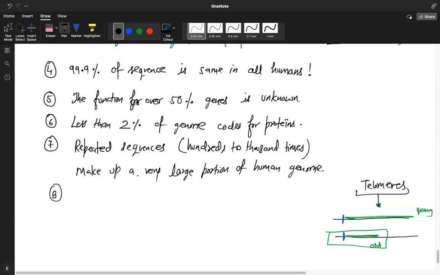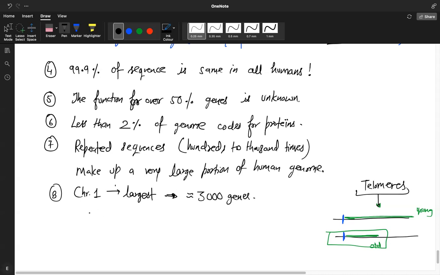So repetitive sequence is clear. They're not completely waste things. They actually help in chromosome structure, dynamics, and evolution. And you should know that chromosome number 1 is the largest chromosome with the most number of genes. It has somewhere around 3,000 genes approximately on one chromosome.